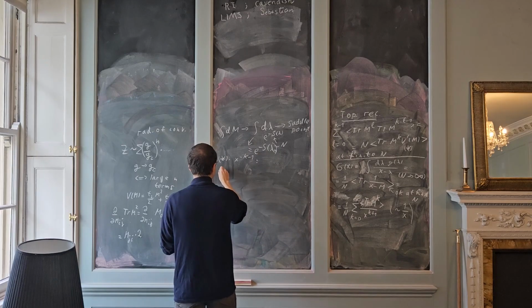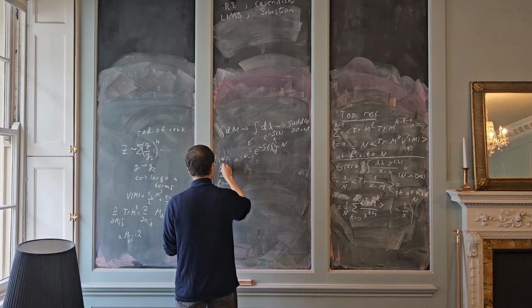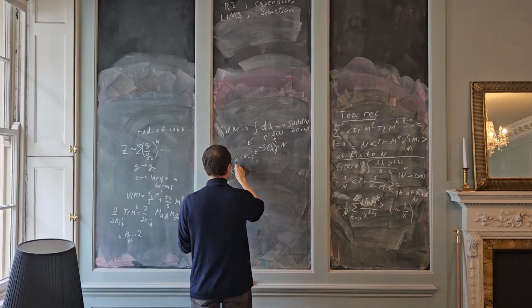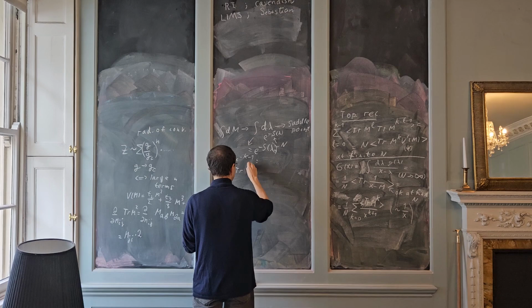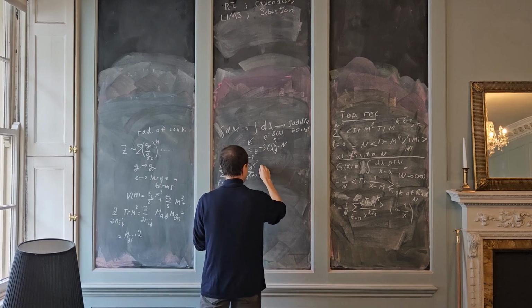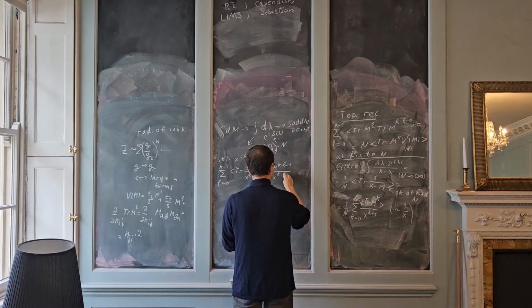Then I can write it as a sum over L from 0 to k minus 1 of trace M to the L over x to the L plus 1, times trace M to the k minus L minus 1 over x to the k minus L.